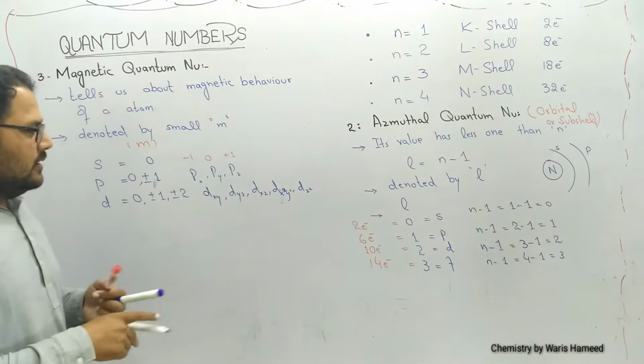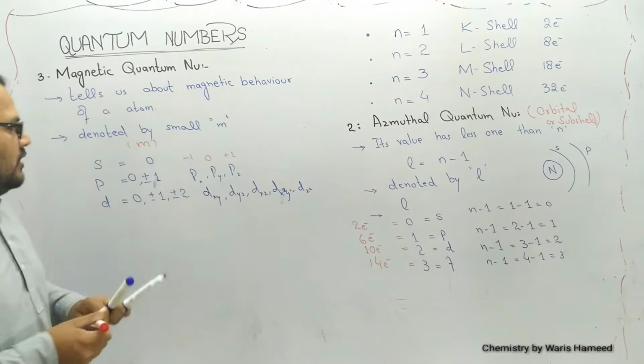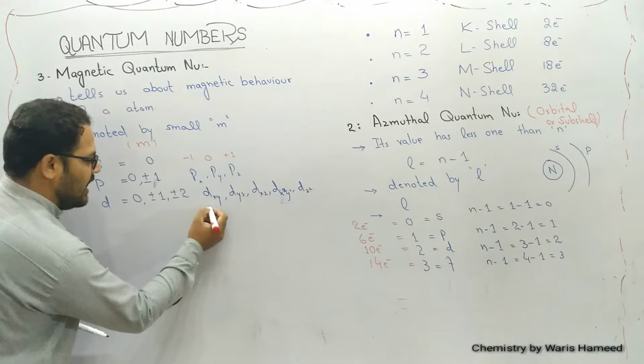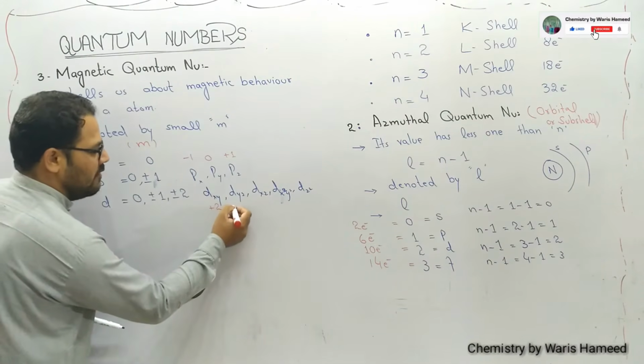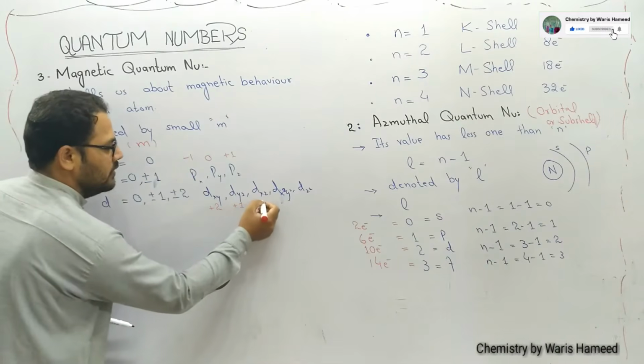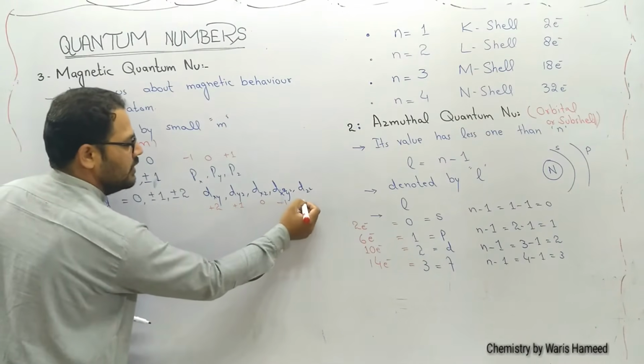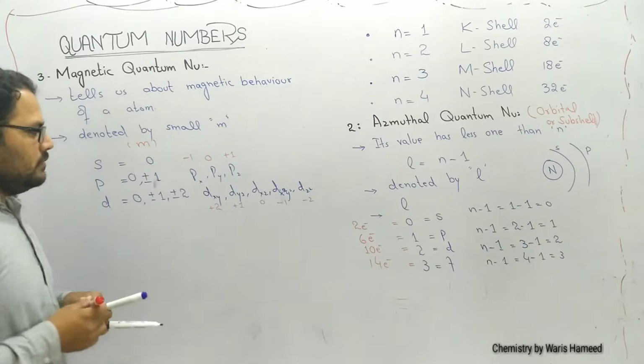So we can assign the values to them: plus 2, plus 1, 0, minus 1 and minus 2.